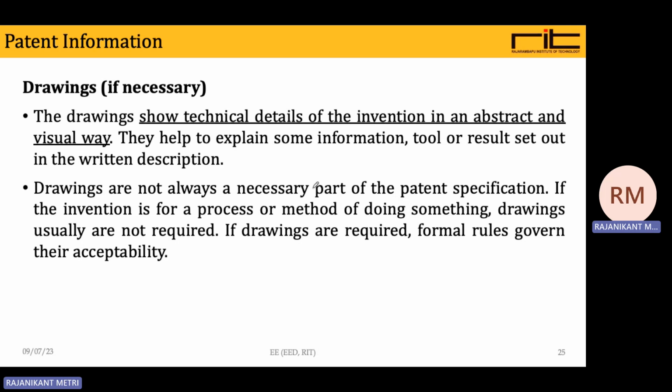And these are not always a necessary part of the patent specification. It may be possible that in some cases it is not possible to draw, then one can avoid it. If the invention is for a process or method of doing something, drawings usually are not required. If drawings are required, formal rules govern their acceptability.